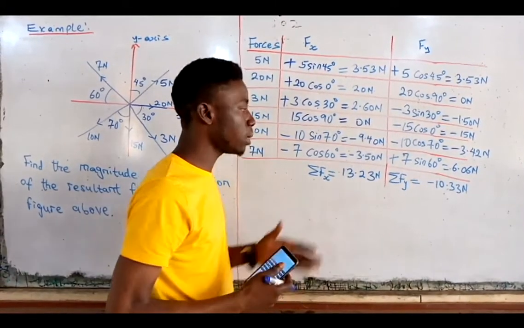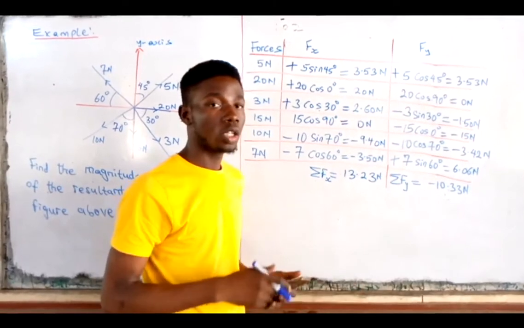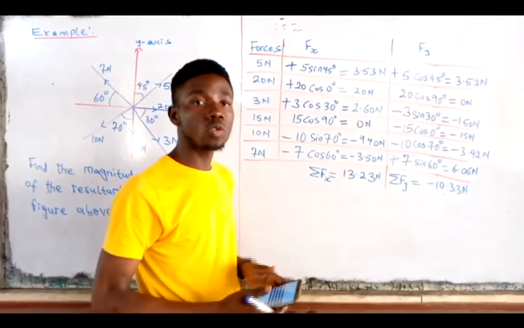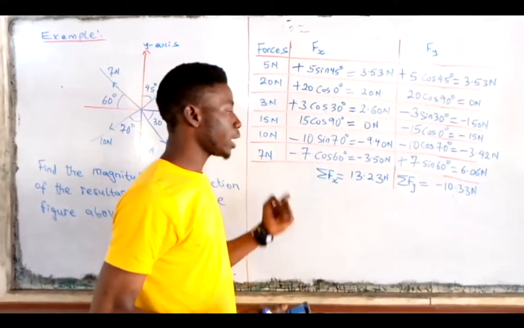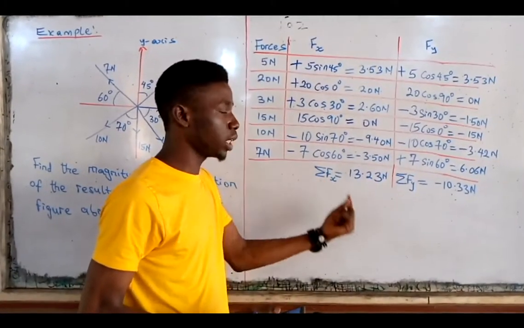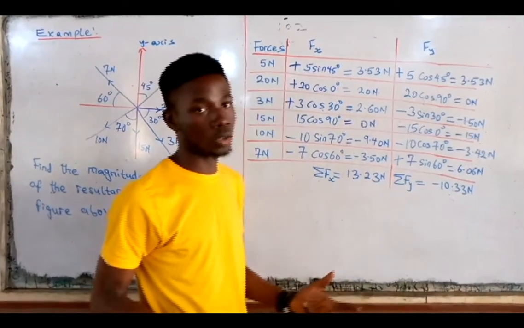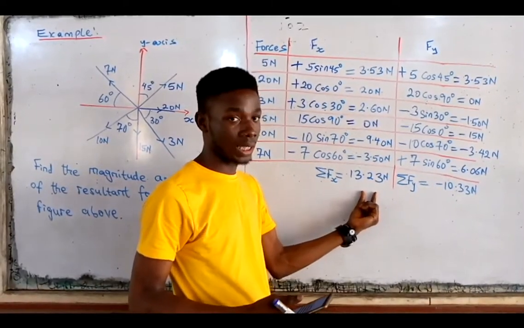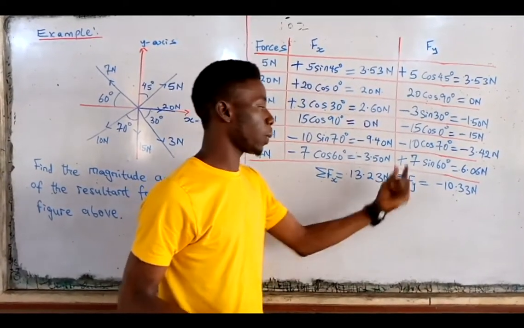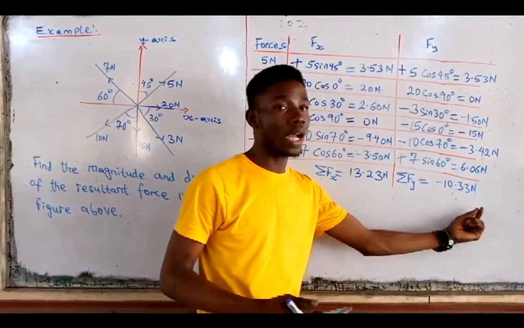Now, if we remember, as we discussed in case 3, the case of two vectors acting perpendicular to each other, and we said from the beginning of this lecture that the x and y axes are perpendicular to each other, this implies that the resultant vector we have gotten for the x-axis is perpendicular to the resultant vector we have gotten for the y-axis.